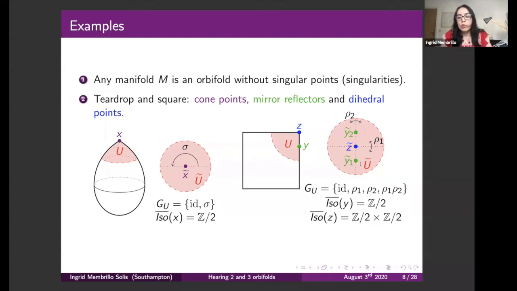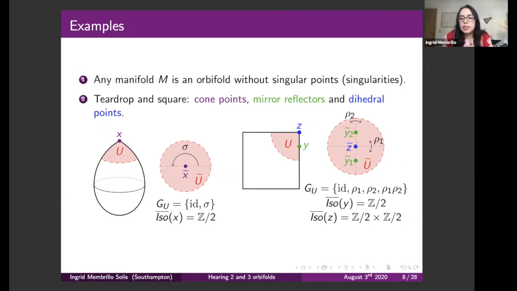What we see is that, for instance, if we look at the point at the center of the ball, this point is fixed under the action of rho 1 and rho 2. So the whole group that is acting here is the dihedral group of order 4, that happens to be an abelian group, Z2 cross Z2.